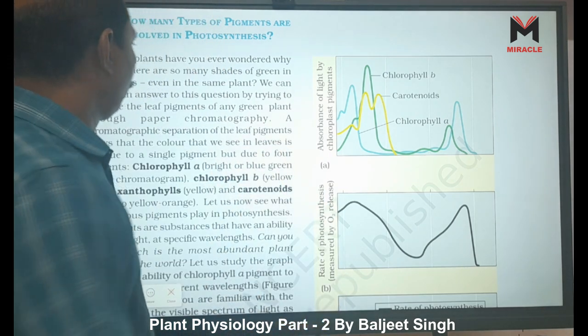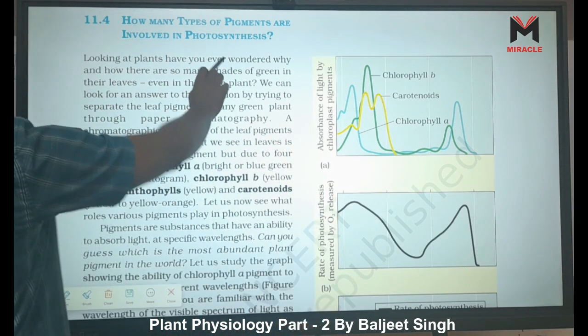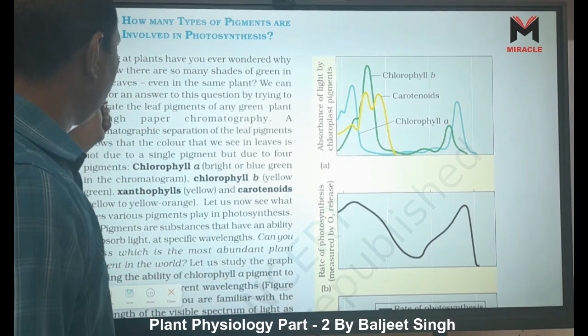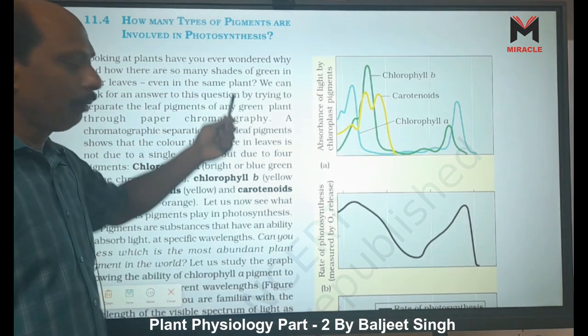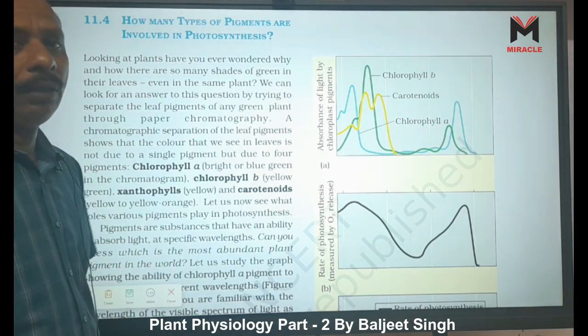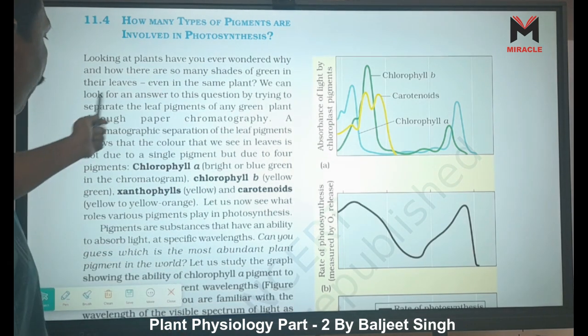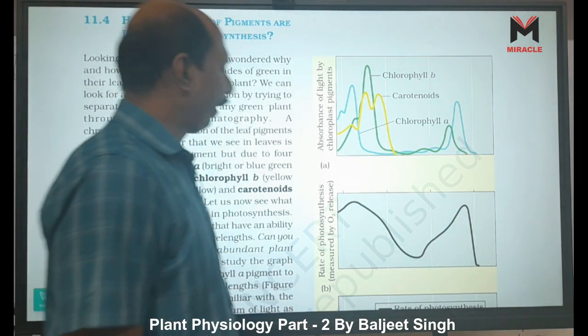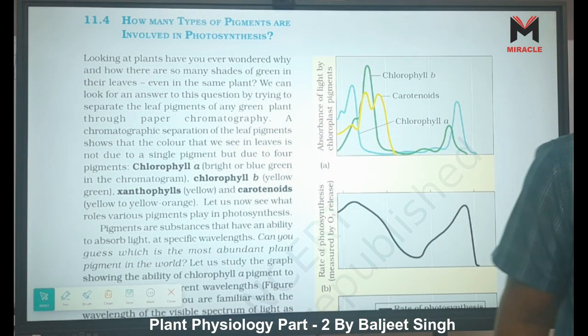Looking at a plant, have you ever wondered why and how there are so many shades of green in leaves? Even in the same plant, it depends upon the amount of different pigments. We can look for an answer by trying to separate the leaf pigments of any green plant. How could we separate these pigments?